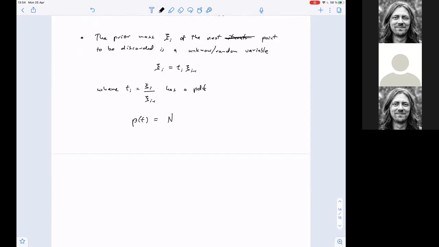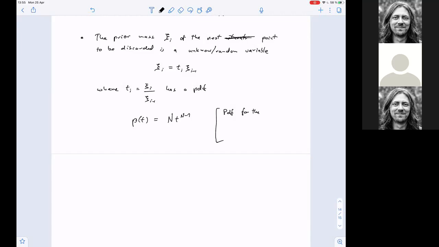So n is my set of live points, and then we have t to the n minus 1. And what this PDF is, is the PDF for if you draw n samples between 0 and 1 from a uniform distribution, and you let t be the largest value of those samples. What's the probability distribution for that variable?